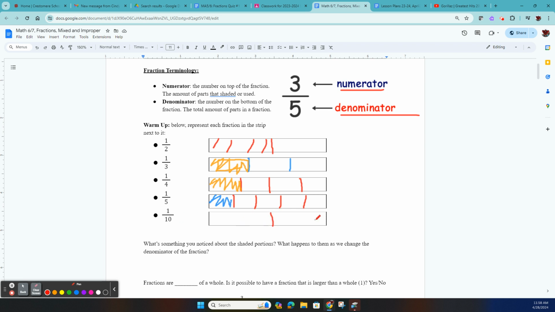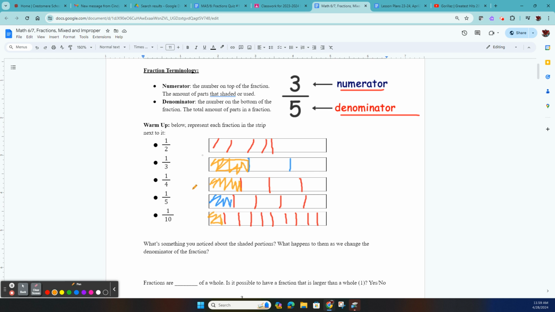Now I have to have 5 parts in each of these halves. So 1, 2, 3, 4 lines, which means there are 5 parts. Not great, but good enough for now. So 1, 2, 3, 4, 5, 6, 7, 8, 9, 10. Cool, 10/10. I only need one shaded in though, because it's 1/10.